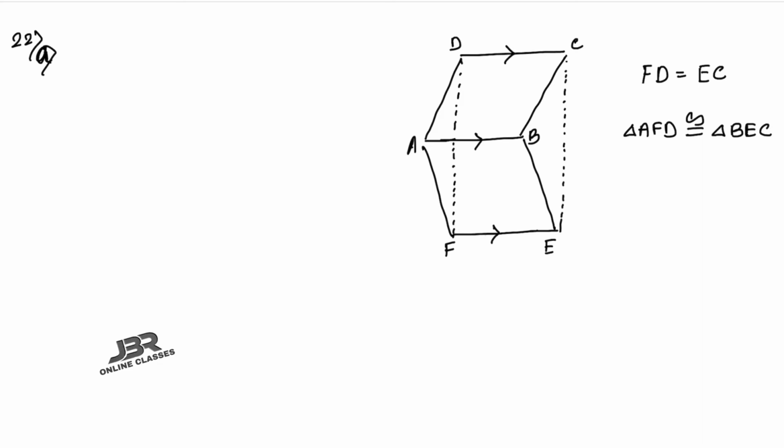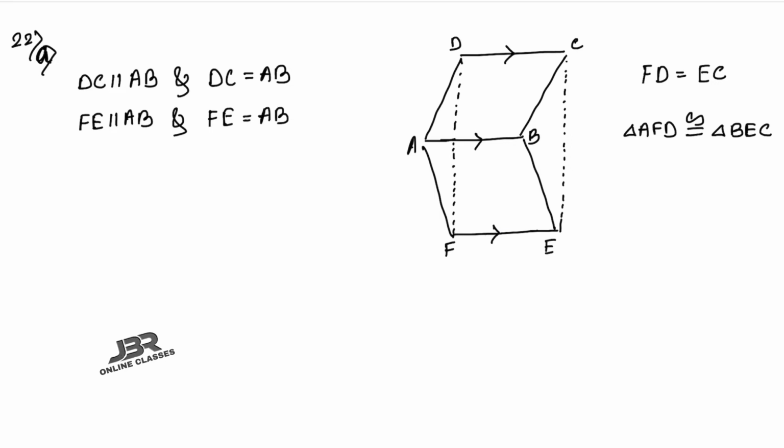Okay, so as here ABCD and ABEF are the parallelograms, so first you have to write down here DC is parallel with AB, and also DC is equal to AB because opposite sides are parallel and equal. Next one here, FE is parallel with AB, and also FE is equal to AB.